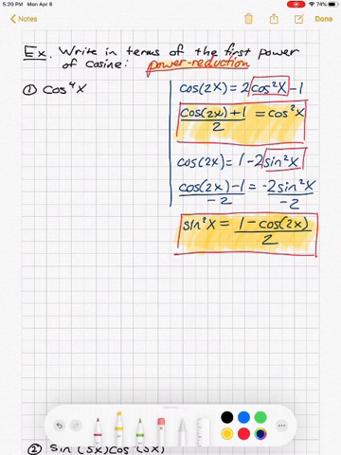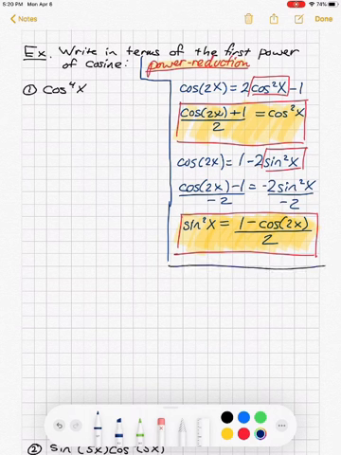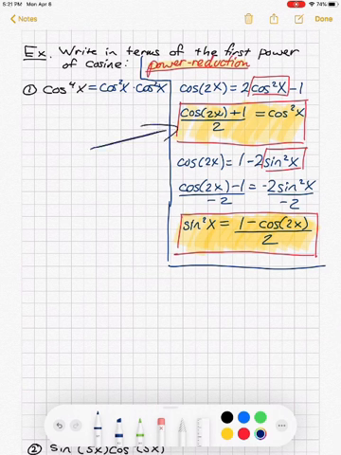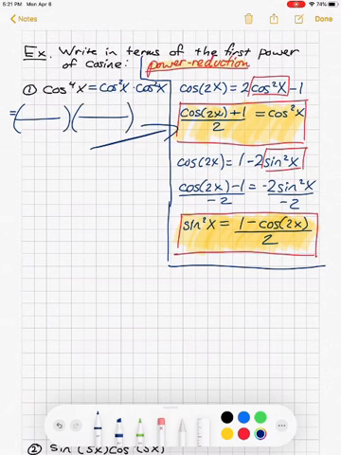Okay, so now I don't think I'm going to need both of the formulas for this problem, because in this problem, I actually only have cosine. So I'm going to start by making cosine to the 4th, cosine squared times cosine squared. Then I'm going to need this formula twice.